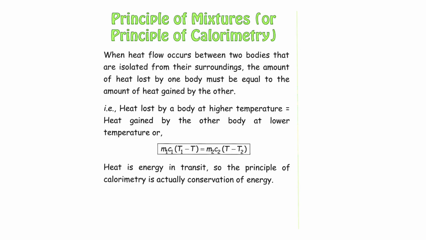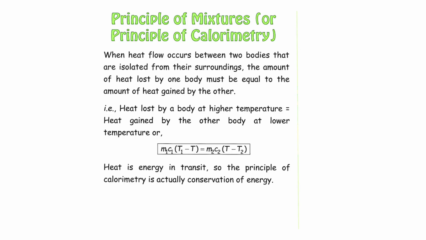The amount of heat lost by one body must be equal to the amount of heat gained by the other. So we can write it as heat lost by the body at higher temperature equals the heat gained by the other body at lower temperature. Both will be equal. Here we can write M1 C1 times (T1 minus T) equals M2 C2 times (T minus T2).